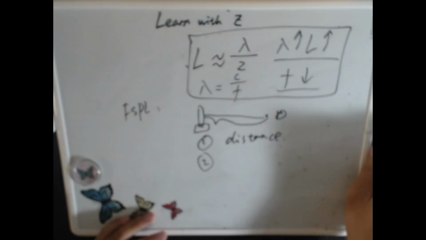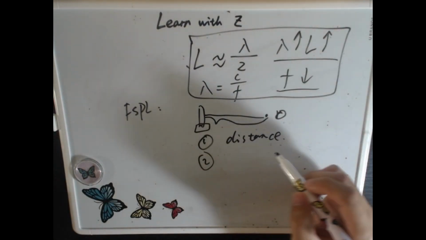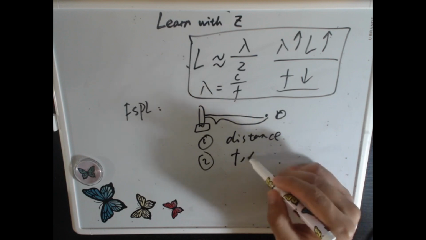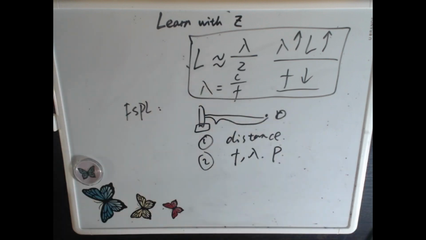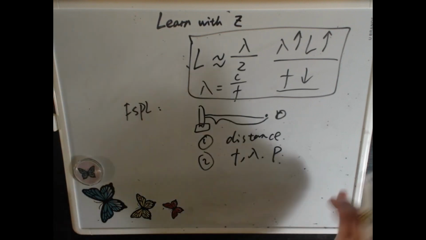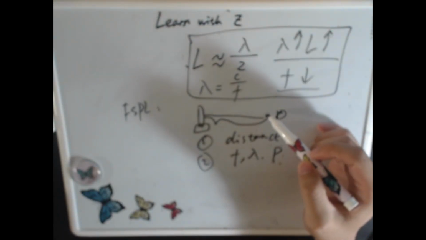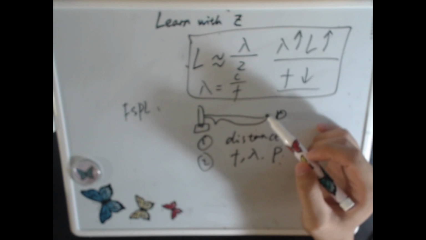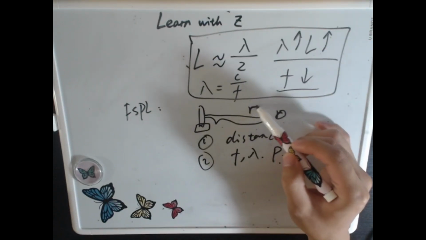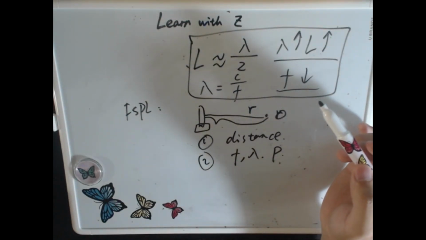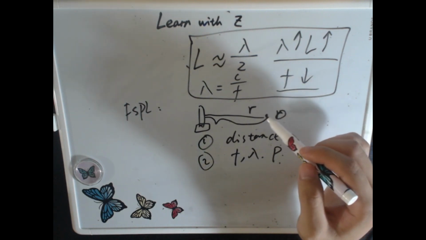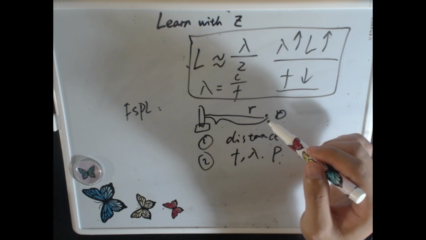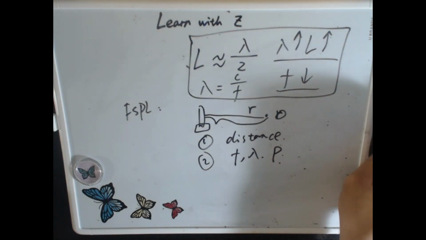So here we know the distance and frequency or lambda or power matters, right? So what's the next step? If we want to know a point in the air that has a distance of r from the transmitter, the first thing we need to know is a range of this r.